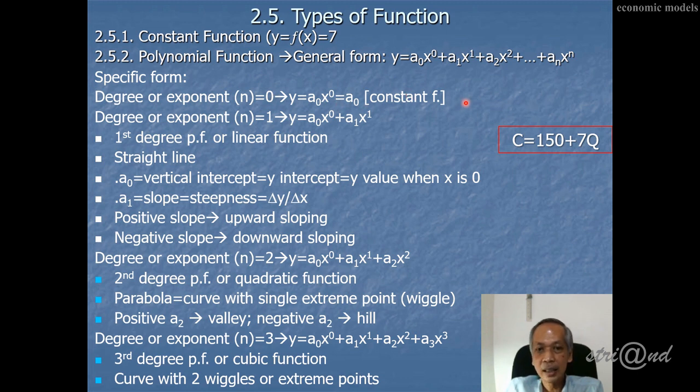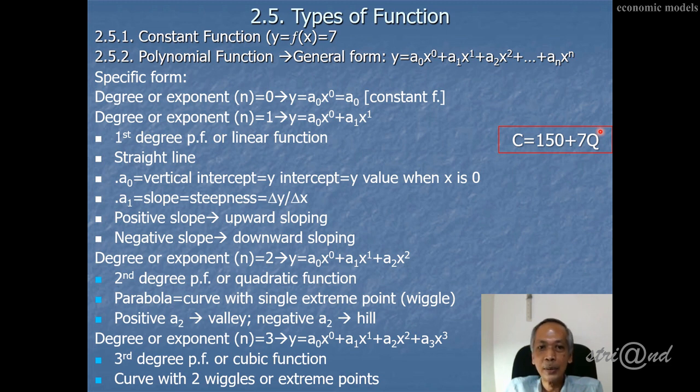And then next, if the exponent is 1, or the n here is 1, what we will find is a linear function, a linear equation like this one. The q here is to the power of 1. So c equals 150 plus 7 q to the power of 1. The exponent here is 1.